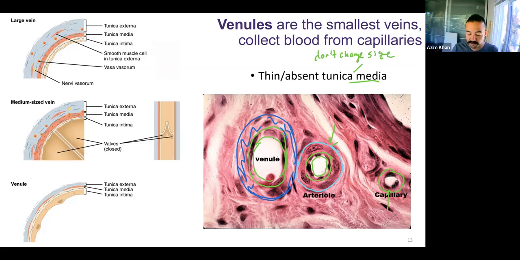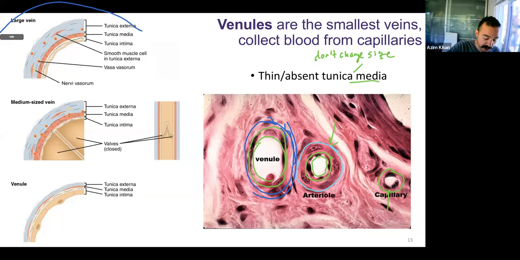You can also see venules overall have thinner walls and larger lumen. That's what we discussed in the first video in the series. Veins on the whole have larger lumens. Arteries on the whole have thicker walls.